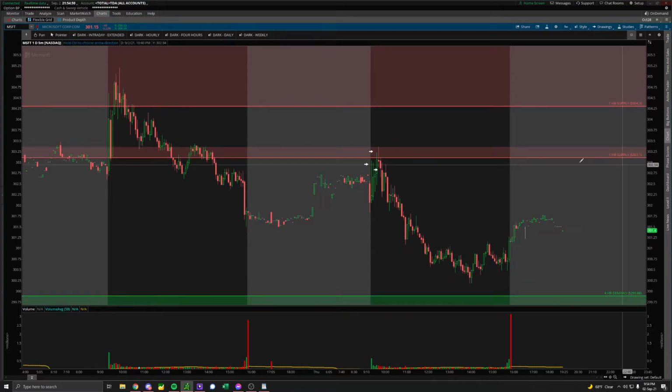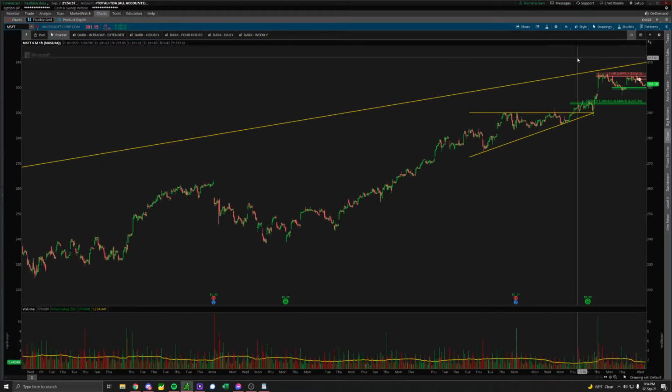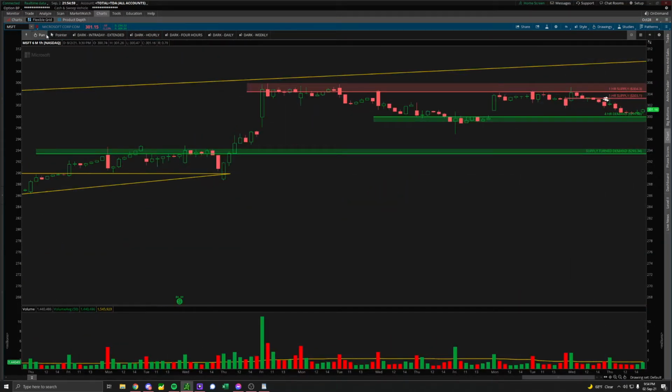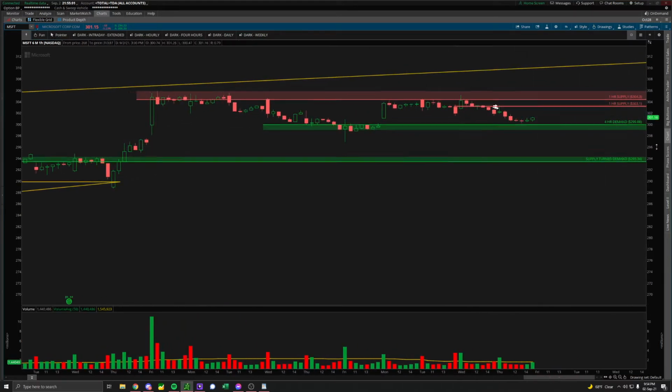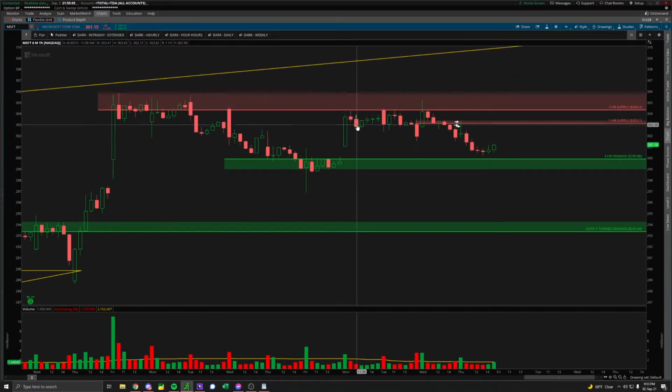And my target for Microsoft the entire day was pretty much this 4 hour demand zone. And the reason being was because there was no other demand zone that I could see. It was basically this.